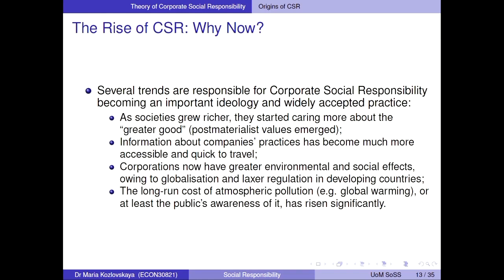And this, coupled with many countries competing with each other for foreign direct investment and relaxing environmental and labor standards as part of this competition, resulted in quite a lot of very serious catastrophes happening in the world because of companies neglecting the environment and labor rights.